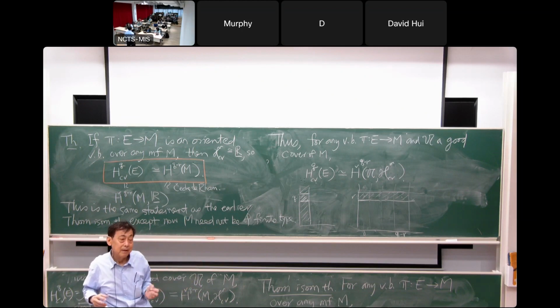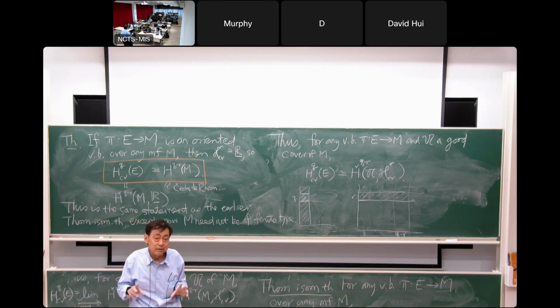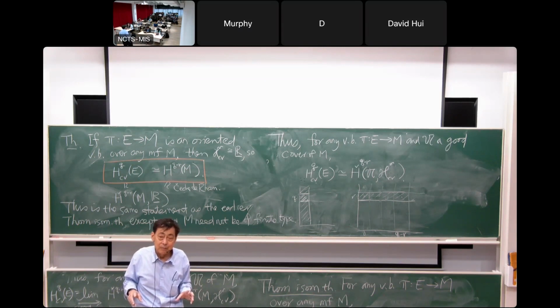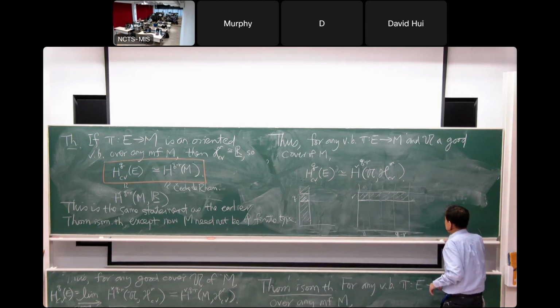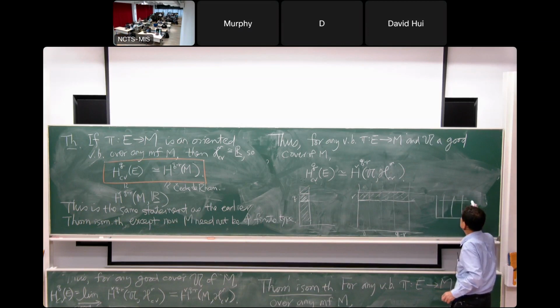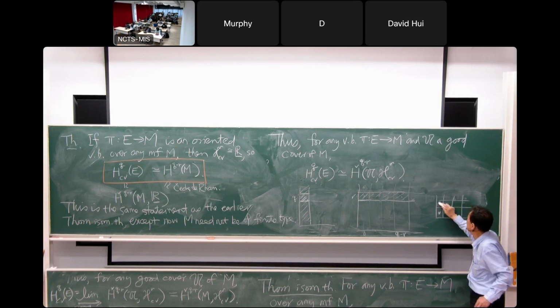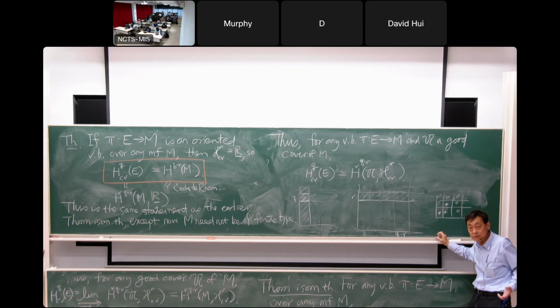And so, for example, in the homework, there is a problem on the complex projective space. And when you calculate one step, you will get a picture like this. So you don't have a single non-zero row, you don't have a single non-zero column.